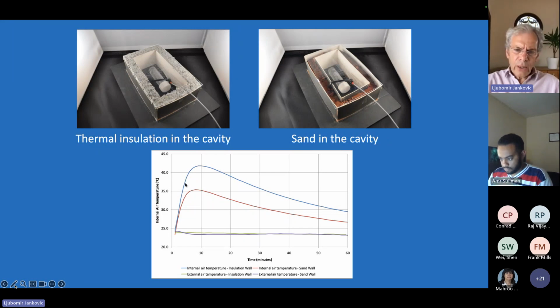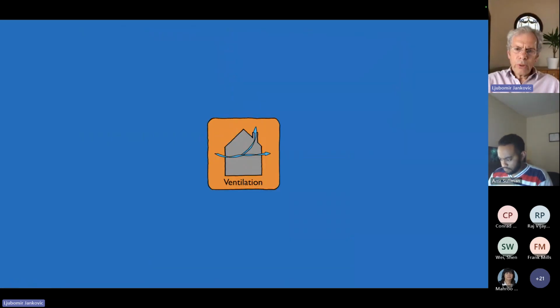We can see that in the case of the insulation wall, this is low thermal mass, temperature rises fast and then falls a little bit faster than in the other case, where in the high thermal mass external sand wall, temperature rises much slower, and then falls down much slower because we have absorbed heat here, which feeds back into the inner box.